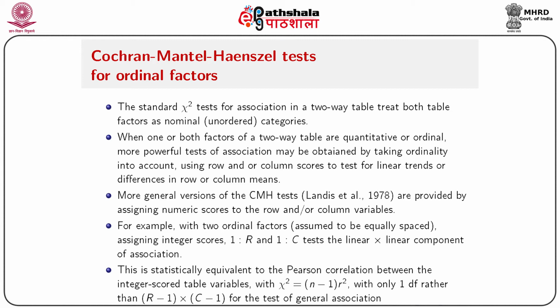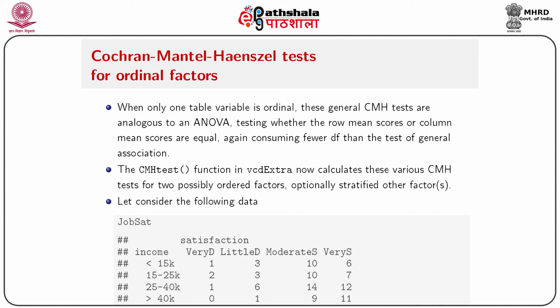This is statistically equivalent to the Pearson correlation between the integer-scored table variables, with chi-square with only 1 degree of freedom, rather than R minus 1 into C minus 1 for the test of general association. When only one table variable is ordinal, these general CMH tests are analogous to an ANOVA, testing whether the row mean scores or column mean scores are equal, again consuming fewer degrees of freedom than the test of general association.